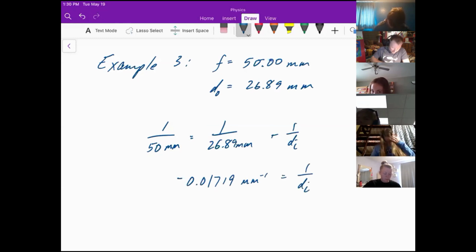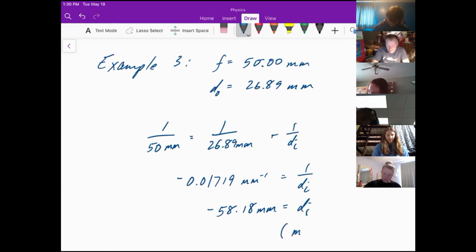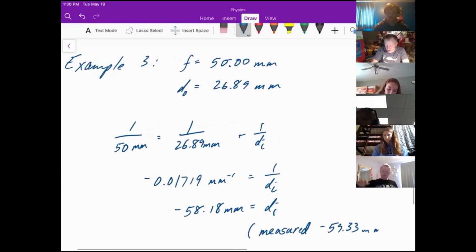Flip it over, and I get -58.18 millimeters. And I measured -59.33. So again, close, but with quick measurement, that could be improved.